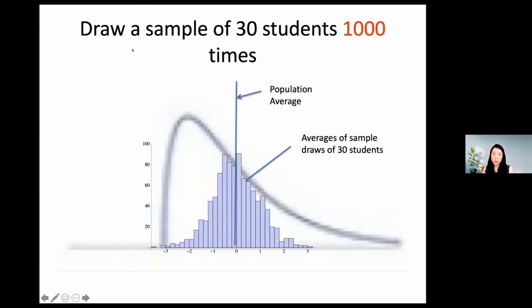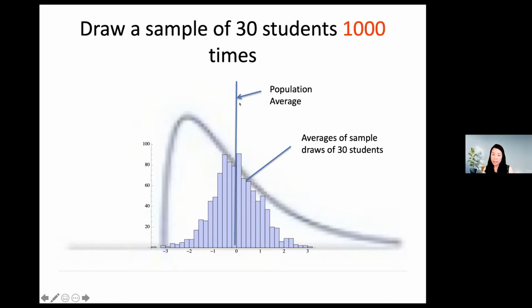And also when you draw a sample of 30 students 1,000 times, right? So again, this is not increasing the sample of students here. We're increasing the draws: we draw 30 students each time and we repeat this 1,000 times. And then we get the distribution of the average of each draw.